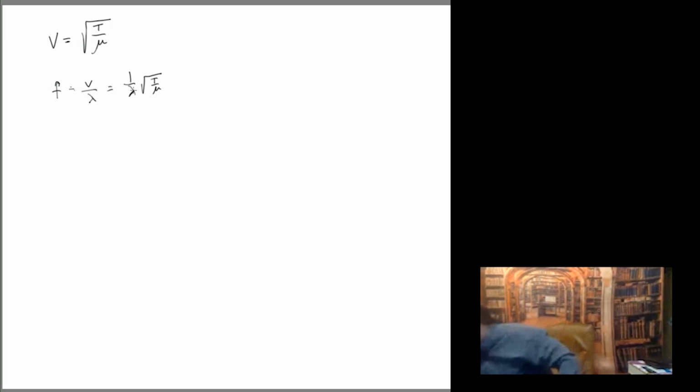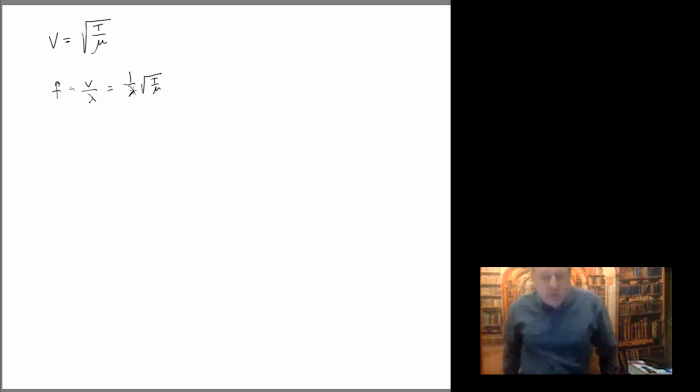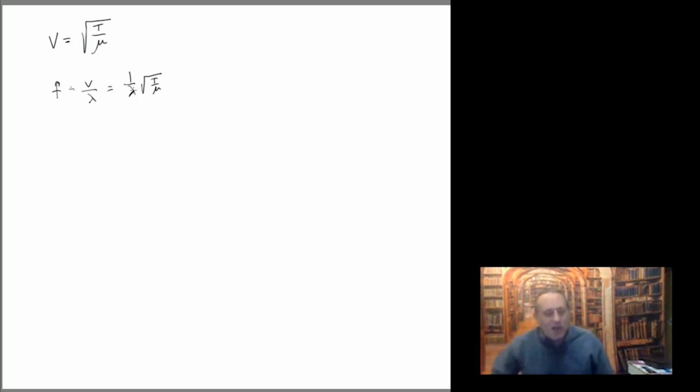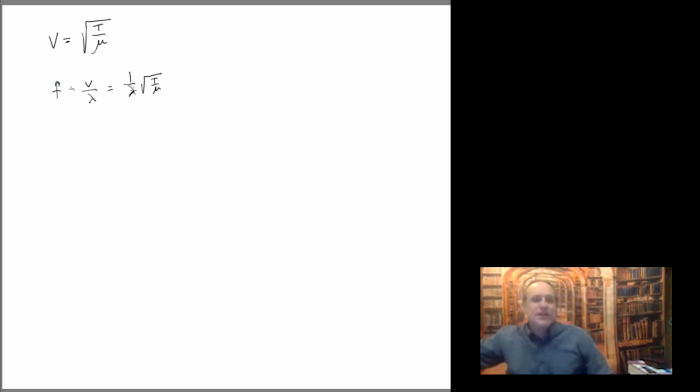Okay, so the other thing about waves in a string: when I pluck the guitar string, it sends a wave down the string, and the string hits the end, where the string connects to the bridge or the nut at the top end of the guitar. The wave reflects and bounces back.